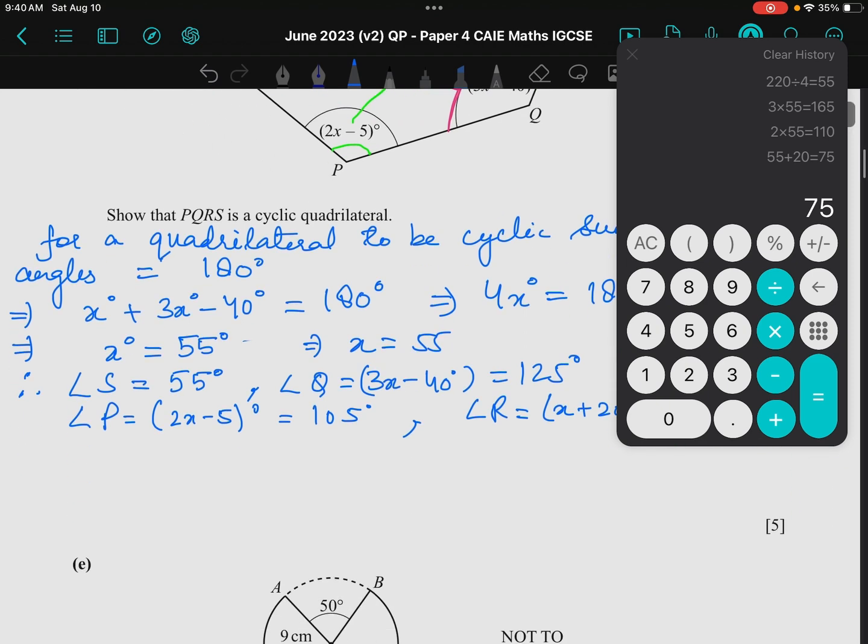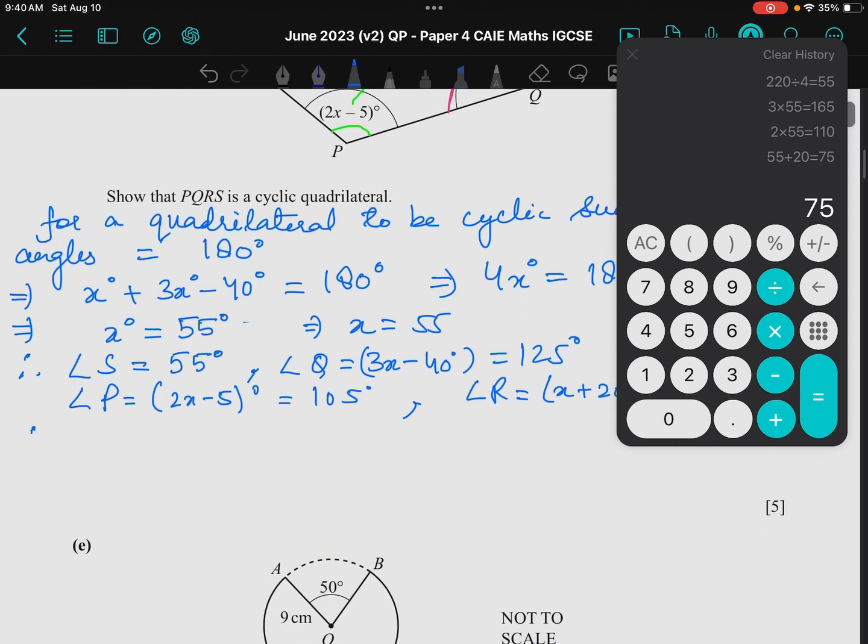So therefore now angle S plus angle Q, so it is 55 degrees plus 125 degrees, 55 plus 125, 180 degrees.